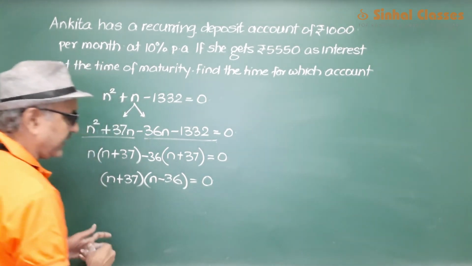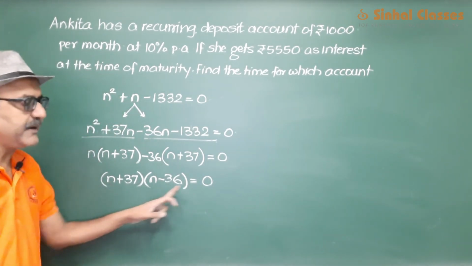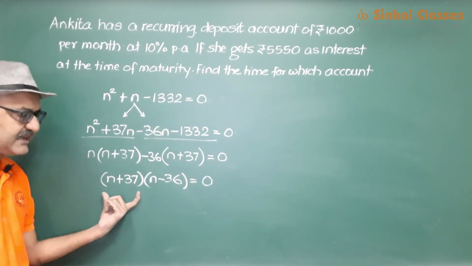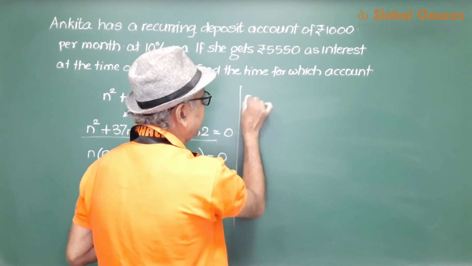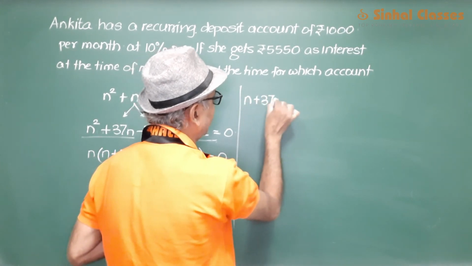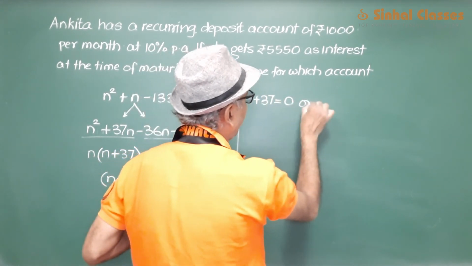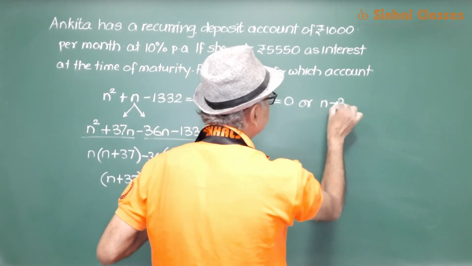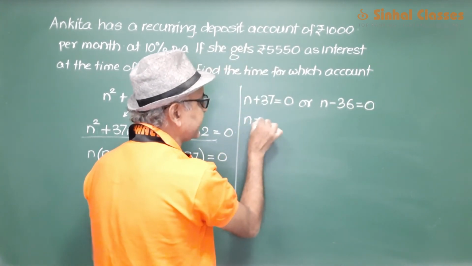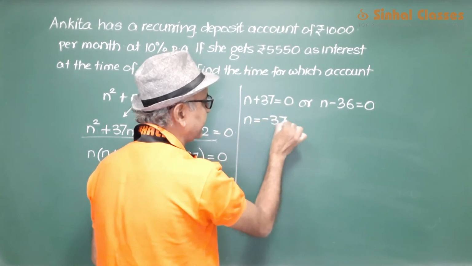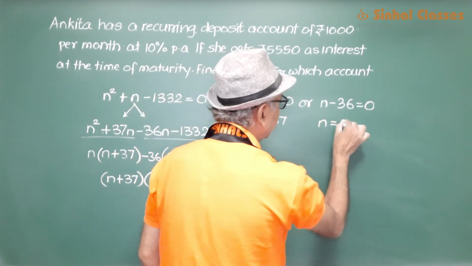Guys, now this multiplied by this is 0, so it indicates that either this is 0 or this is 0. So n plus 37 is 0 or n minus 36 is 0. So you will get n equal to minus 37 or n equal to 36.